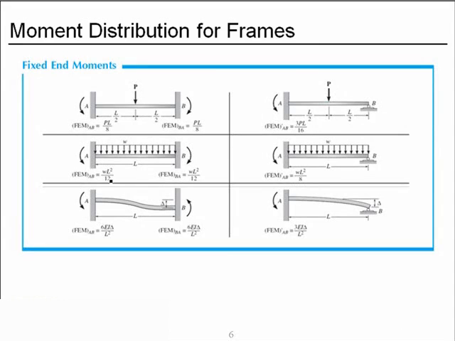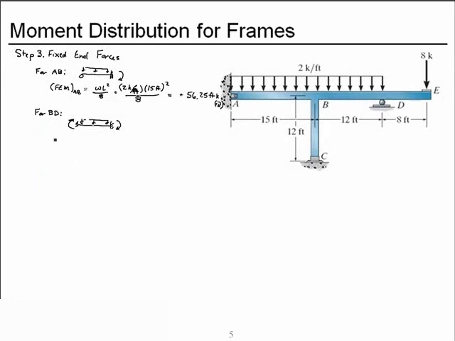So we have omega L squared over 12 is the moment at each end, but at the left end it's counterclockwise. So the fixed end moment BD is going to be a negative omega L squared over 12, and that equals minus 2 kips per linear foot times the 12-foot length squared over 12, and that equals a minus 24 foot kips, where clockwise is positive.